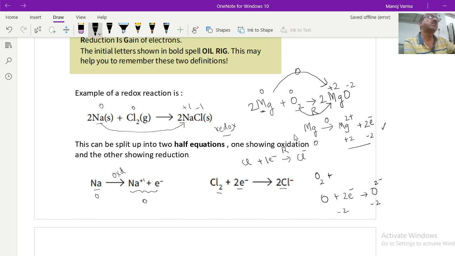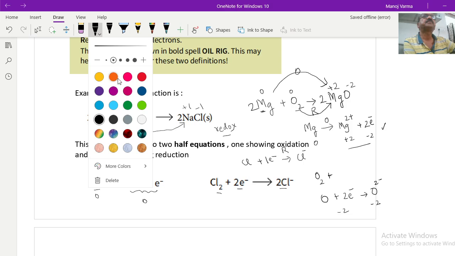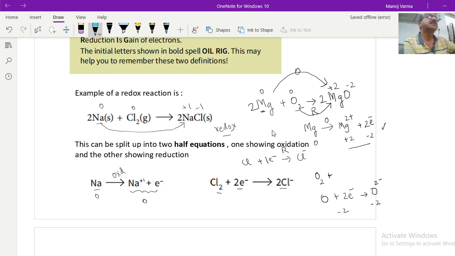So even in this, you find that there is a redox reaction. Now in this, one more point becomes very clear that, see, magnesium is oxidized and therefore we can say that oxygen is obviously an oxidizing agent, right? Because it oxidizes magnesium to magnesium oxide, so it's an oxidizing agent. But oxygen itself is reduced, that you already saw over here. So we reach an important conclusion. And what is that important conclusion?